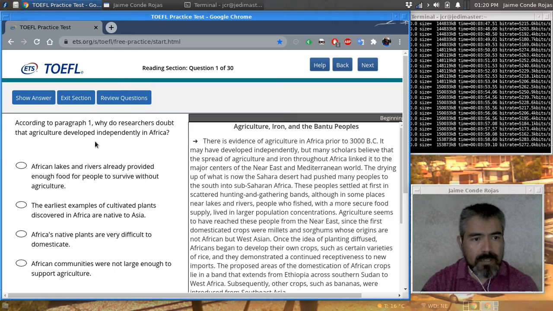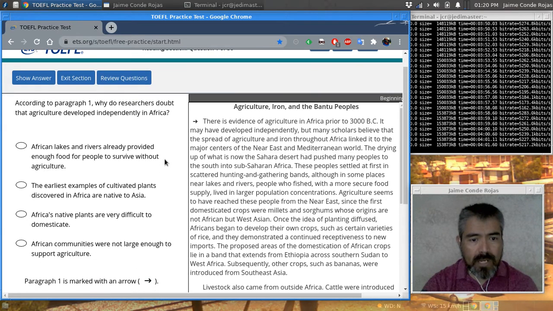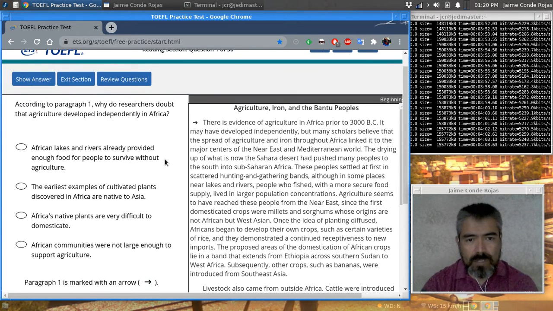So here we have the first question. According to paragraph 1, why do researchers doubt that agriculture developed independently in Africa? Here you have 4 possible answers. 2 answers are totally different or don't make sense from the text, and the other 2 are possible.